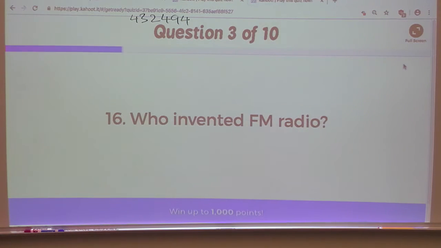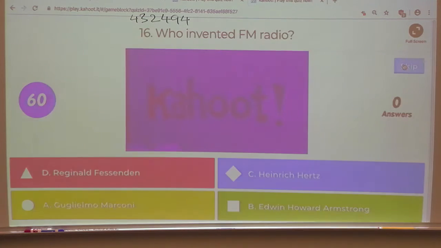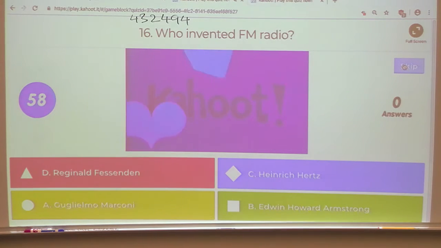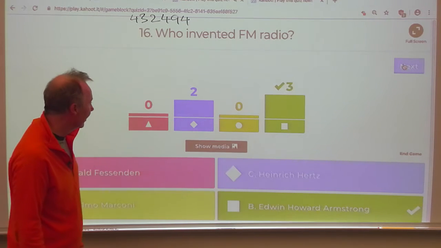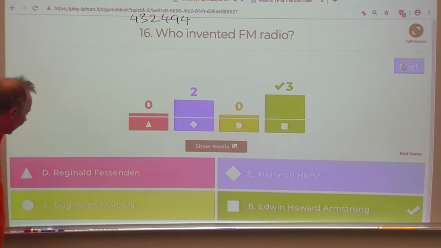So who invented FM radio? Was it Reginald Fessenden, Guglielmo Marconi, Heinrich Hertz, or Edwin Howard Armstrong? All right, so it was Armstrong who invented FM radio. Just looking at these other folks, Marconi is generally credited as the inventor of radio as a communication system.